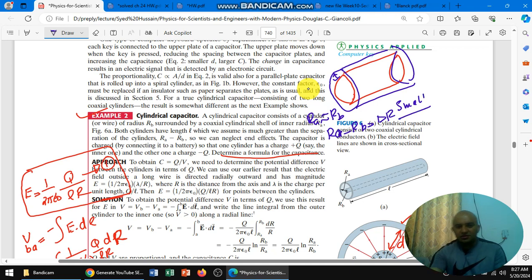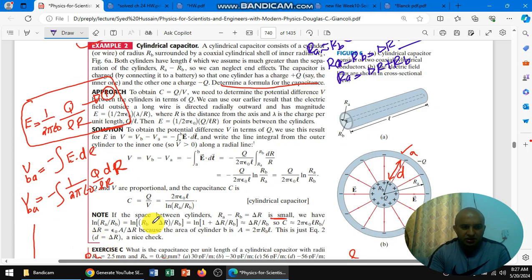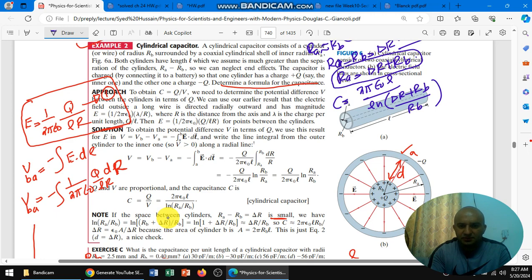So in this situation, we can put RA equal to delta R plus RB in the formula of capacitance C. So C is equal to 2 pi epsilon naught L over log of RA over RB. Instead of RA we put delta R plus RB over RB. So we replace RA with delta R plus RB.